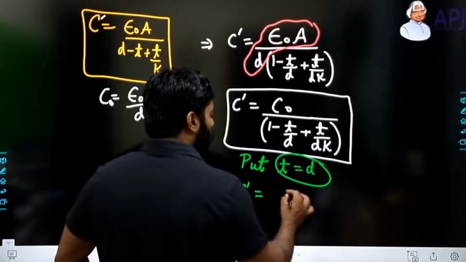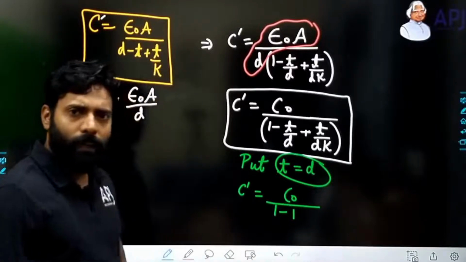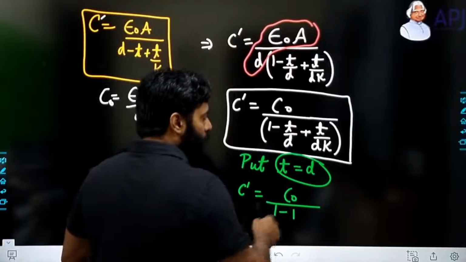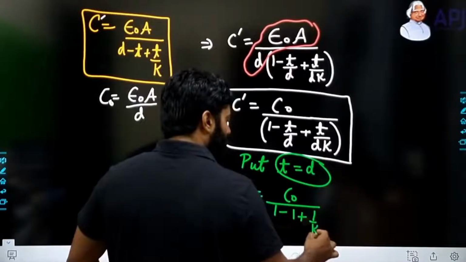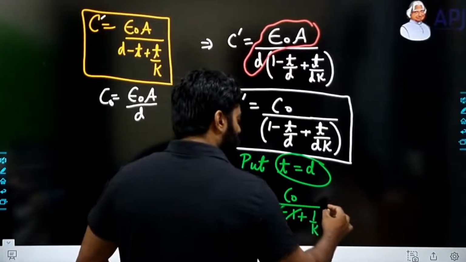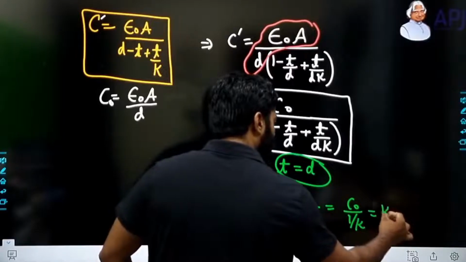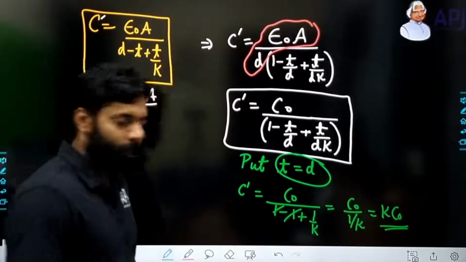C dash will become C naught divided by 1 minus 1 plus 1 by K. So this will cut down and this will be C naught by 1 by K, and this will be K C naught. So I'll be getting K C naught. ठीक है, तो ये मेरे पास आ जाएगा.